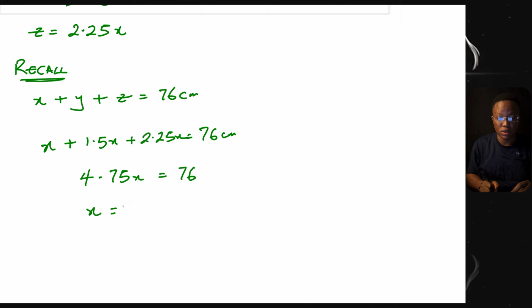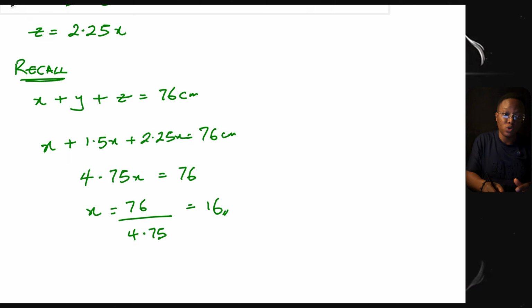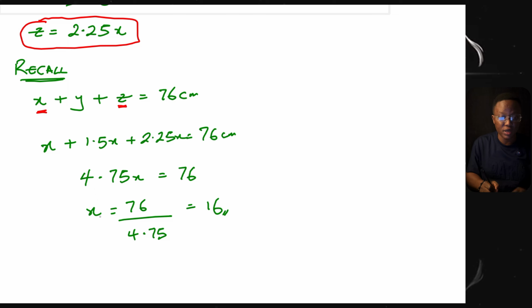Therefore, X is equal to, we divide both sides by 4.75, so it's 6 all over 4.75. But on the question, instead of just the value of X, which is the first piece, we're looking for the value of Z, which is the third piece. So I recall that Z is 2.25X.